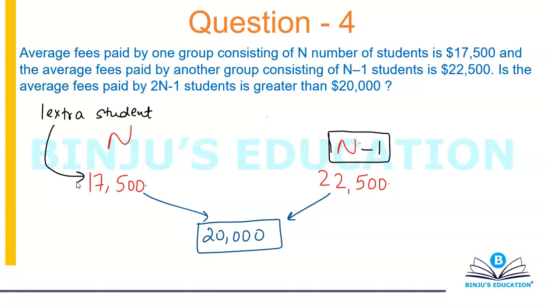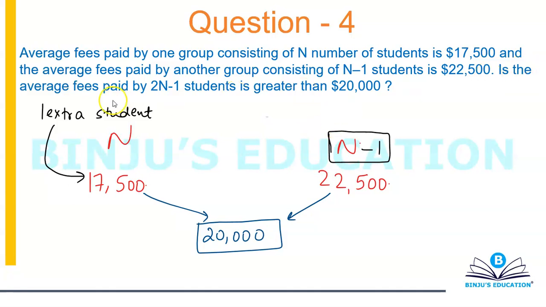I do not know what exactly it's going to be, it will depend upon the value of n. But I know one thing for sure, that my average will be less than 20,000, because I have one extra student paying 17,500.